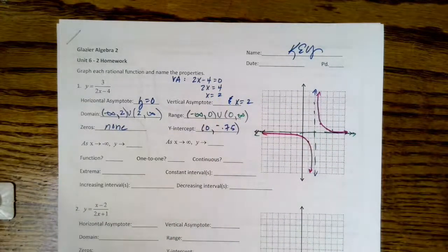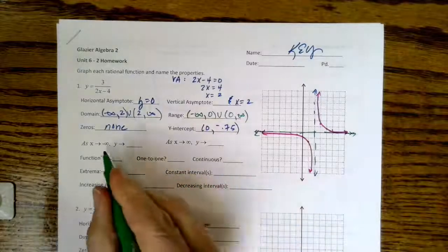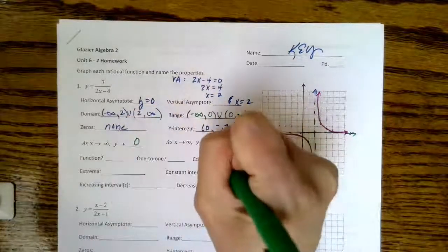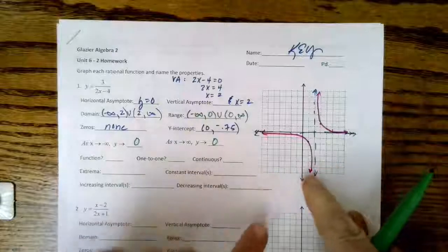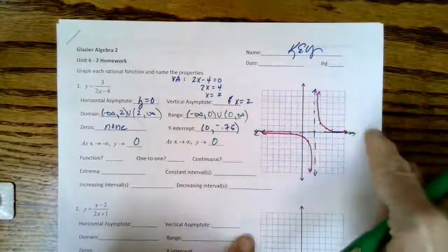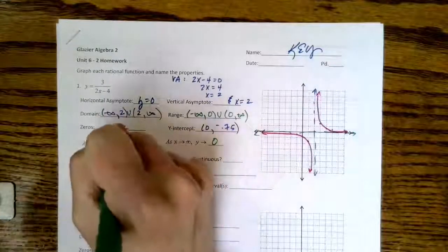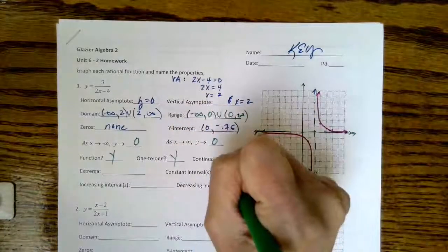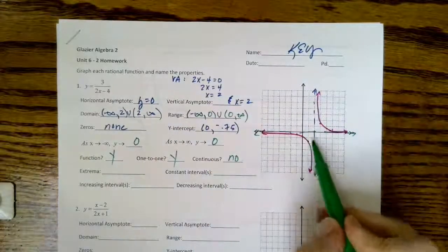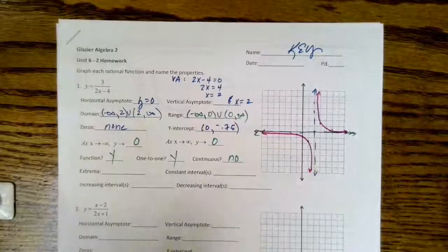As x approaches infinity, from both the negative and positive side, y approaches 0, because that's where my two graphs are headed. Is it a function? Yes. Is it one-to-one? Yes. Is it continuous? No. I have to pick up my pencil to finish drawing it.